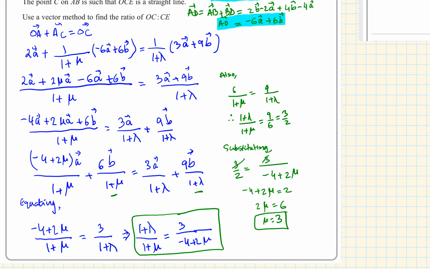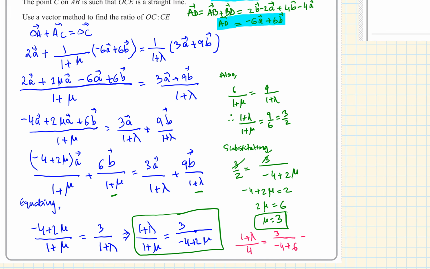So 1 plus lambda over 1 plus mu, so that's 4, equals 3 over minus 4 plus 2 times 3, that's 6.